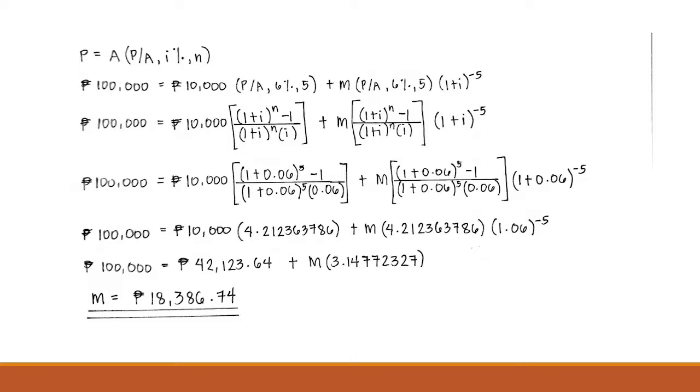So, nahimo na siyang 100,000 pesos equals 10,000 pesos times ((1 plus 0.06) raised to the power of 5 minus 1) over ((1 plus 0.06) raised to the power of 5 times 0.06) plus M times ((1 plus 0.06) raised to the power of 5 minus 1) over ((1 plus 0.06) raised to the power of 5 times 0.06).